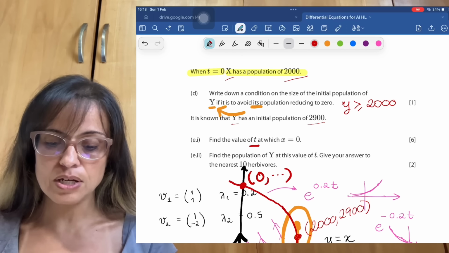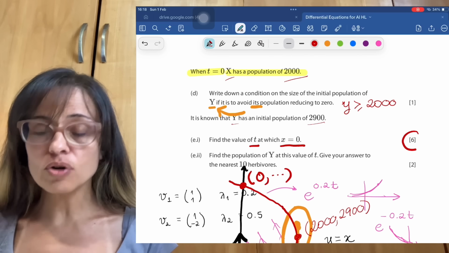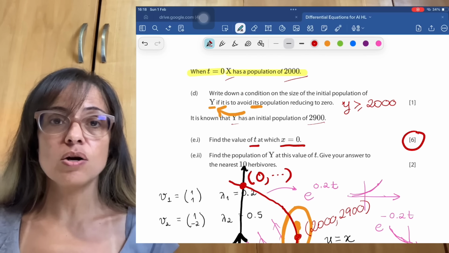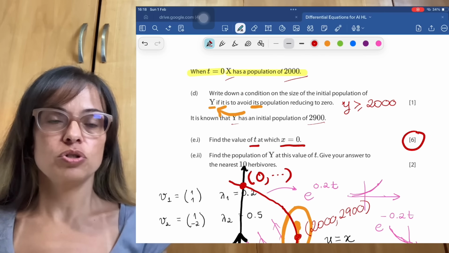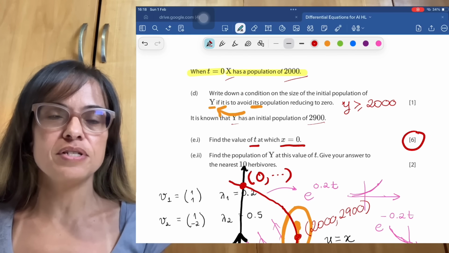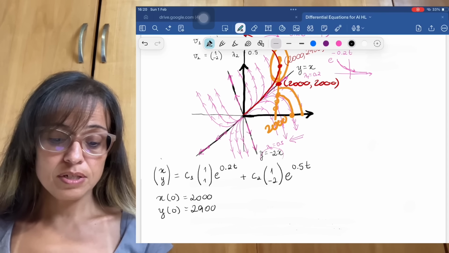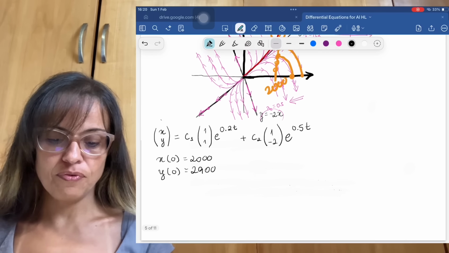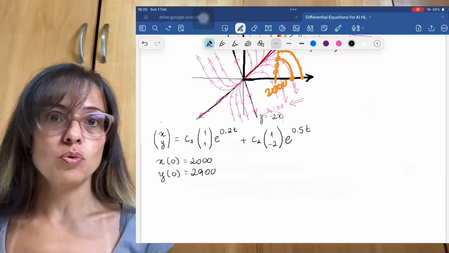Find the value of t at which x is equal to 0. And this one has a lot of marks, because now we have to calculate things. We are going to need a specific solution, an equation to plug numbers into and find the value of t that he's asking for. So this is the general solution that we found earlier, and these are the initial conditions that we are now working with.